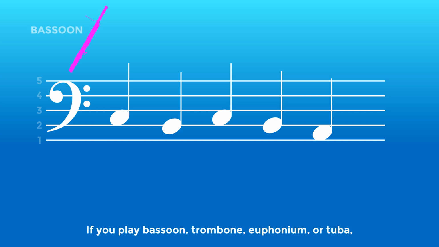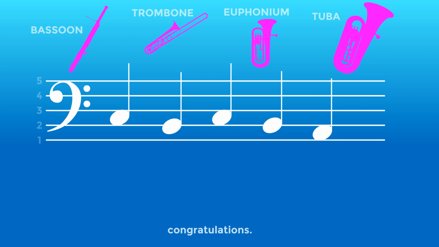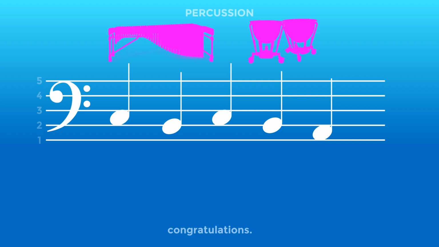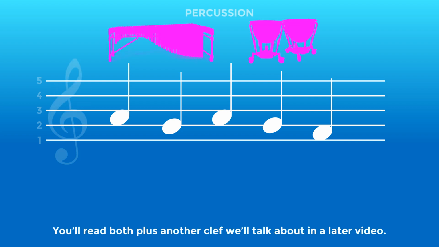If you play bassoon, trombone, euphonium, or tuba, congratulations! You are a bass clef reader, and you'll be reading music in bass clef. And if you play percussion, congratulations! You'll read both, plus another clef we'll talk about in a later video.